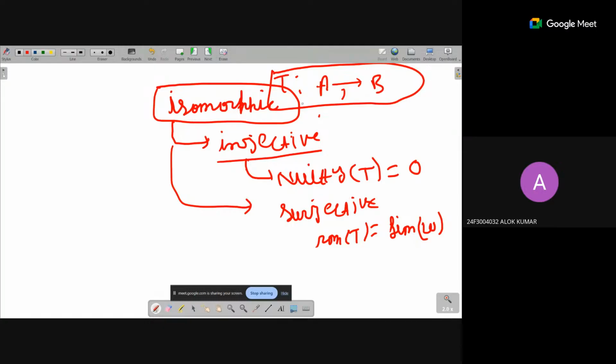If the rank of T is equal to the dimension of B, if B is R, then the dimension is 1. If R square, the dimension is 2. R cubed, the dimension is 3. If the rank of this linear transformation is equal to the dimension of the codomain, then we can say that the linear transformation is surjective. Understood? Yes, sir.